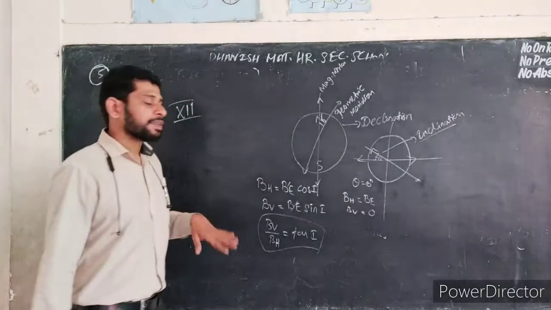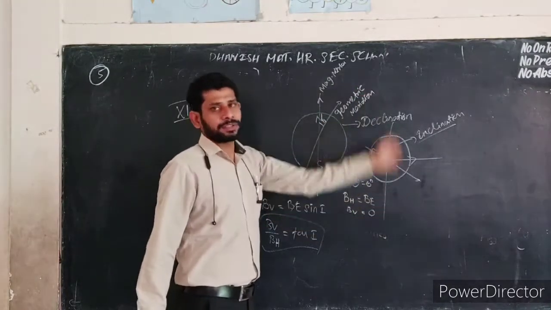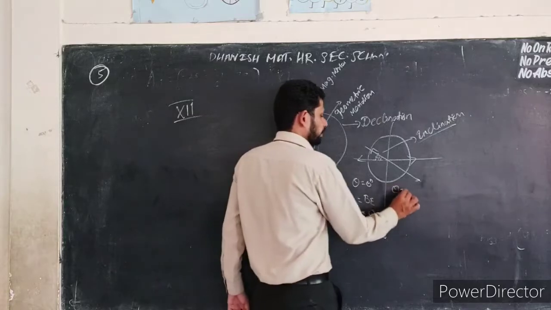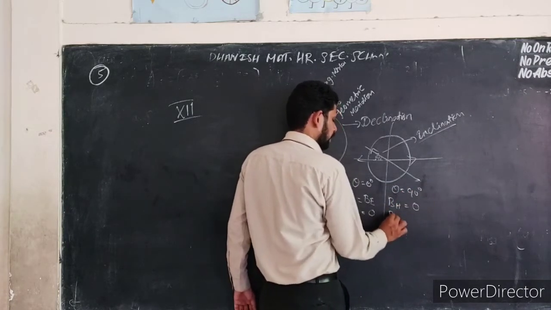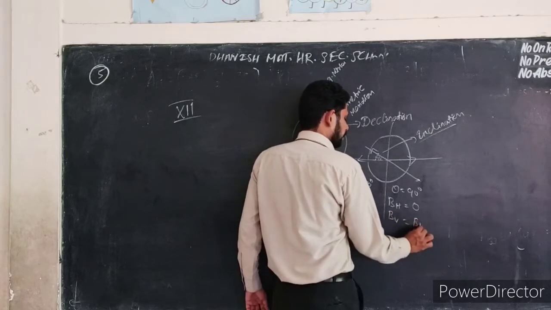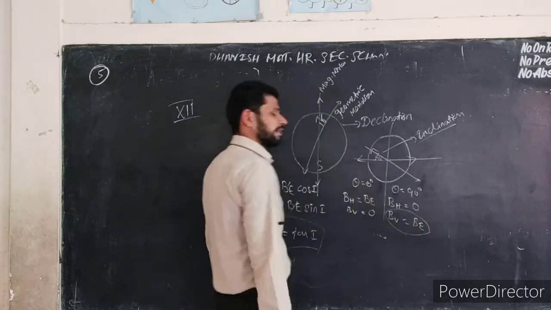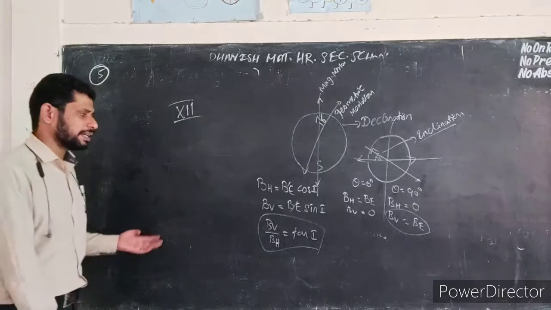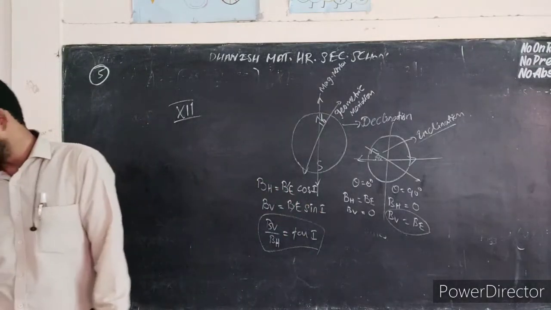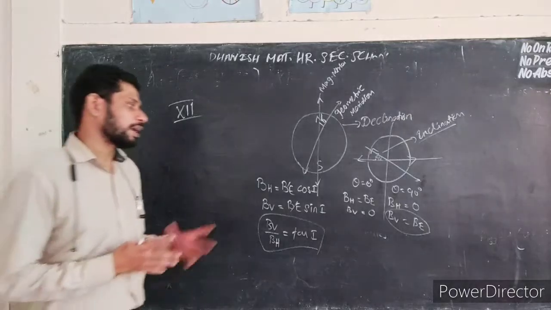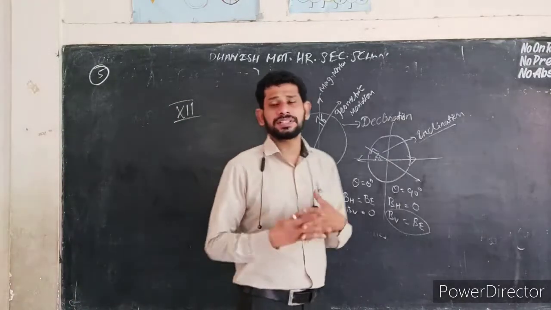Whenever the magnetic field lines are perpendicular to the surface of the earth, theta will be equal to 90 degrees. So BH, the horizontal magnetic field, will be 0, and the vertical magnetic field will be equal to the magnetic field B. This one we can write as the magnetic field at the equator. Night and day come across this magnetic field, and also asteroids and auroras.